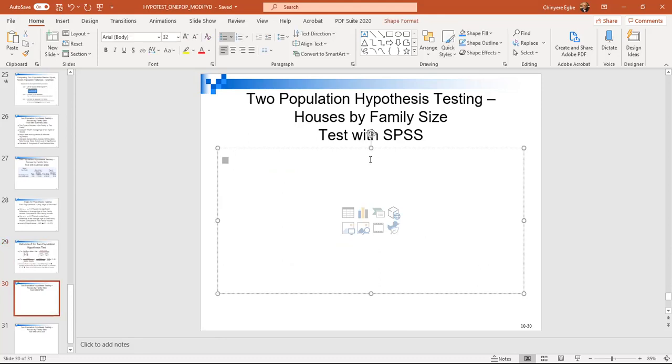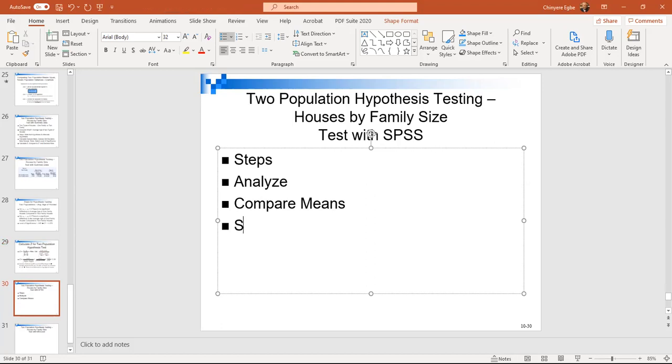Now, how to use SPSS to do the problem? The steps are to go to Analyze, then select Compare Means, then select Independent Sample t-test.